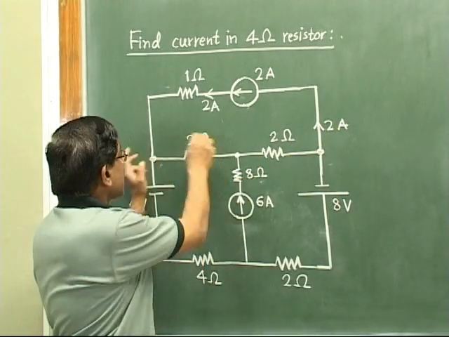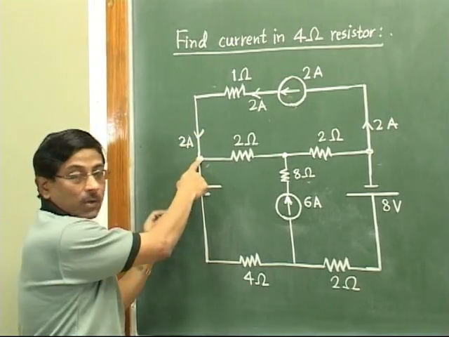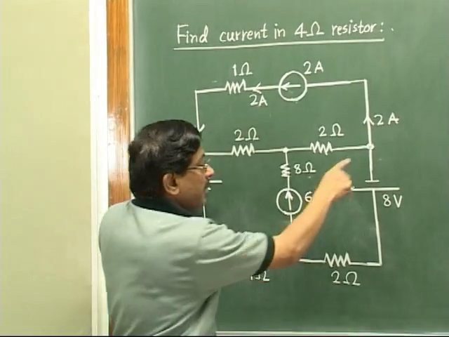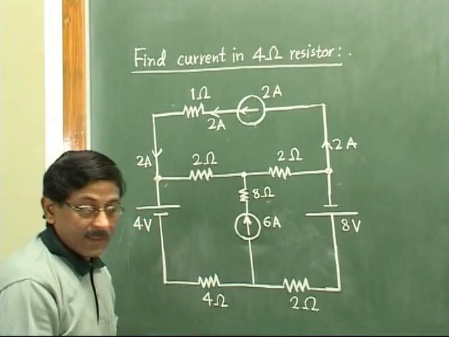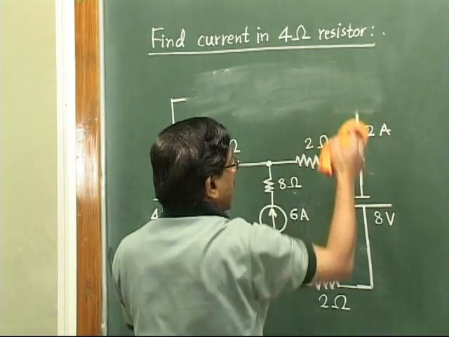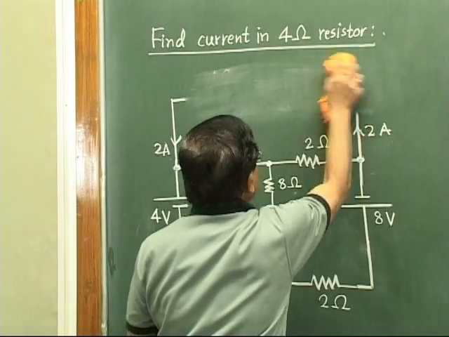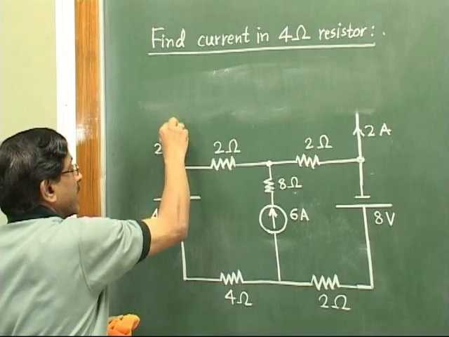So it means 2 ampere current is reaching this node, or 2 ampere current is leaving the other node in this branch. Once you do that, you just scratch this entire thing from your diagram. Just leave it open like this. Keep it hanging like this.